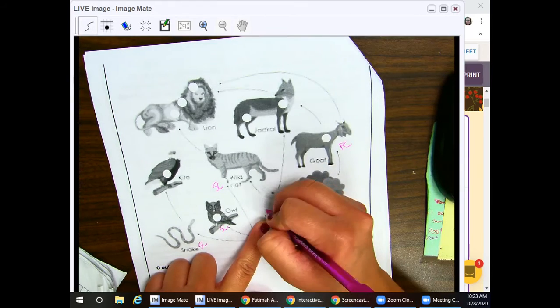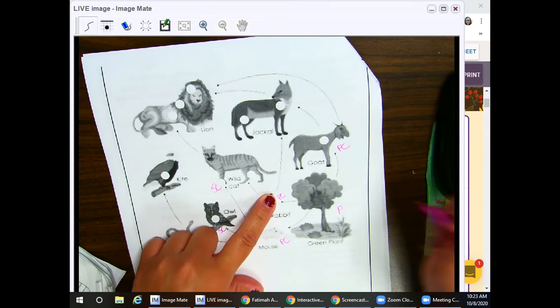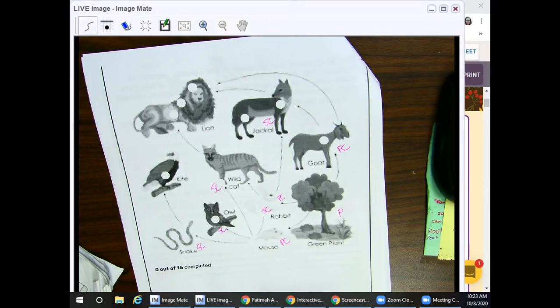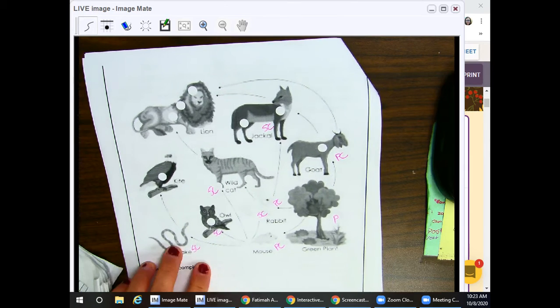The rabbit can also be a secondary consumer. And that's 6 total. The tertiary consumers eat the secondary consumers.